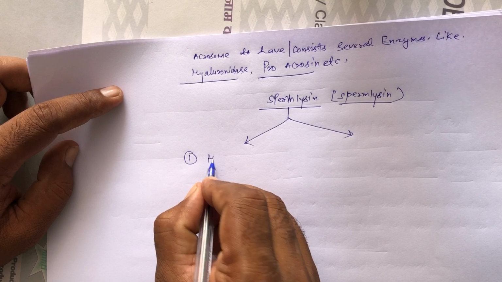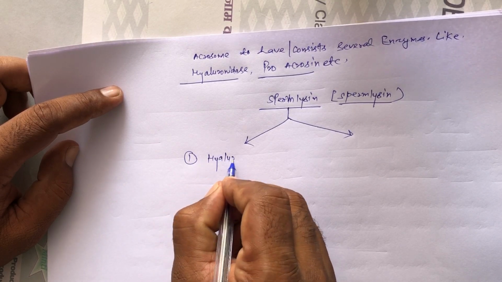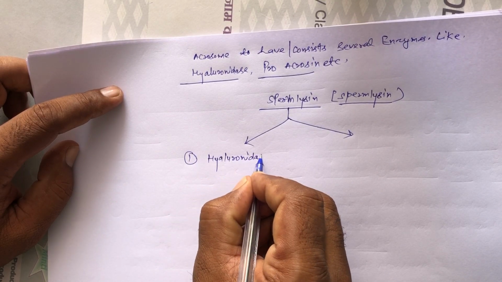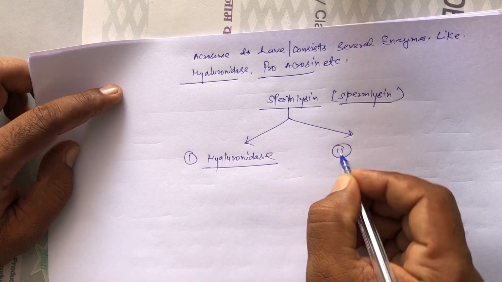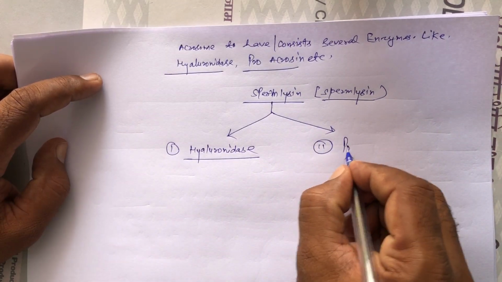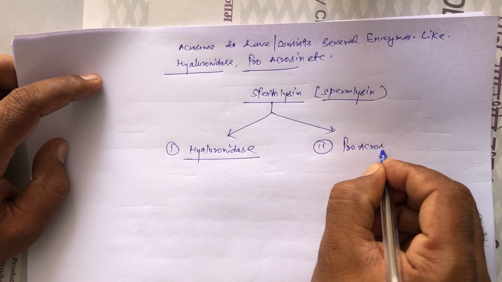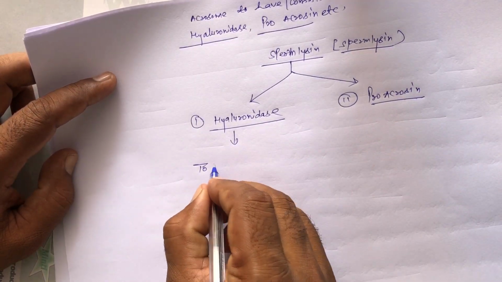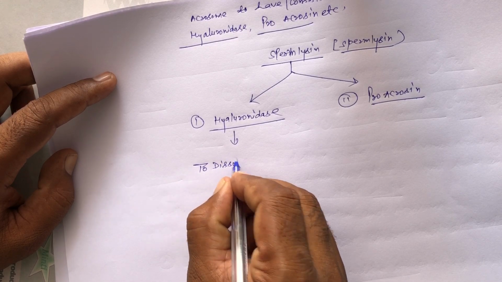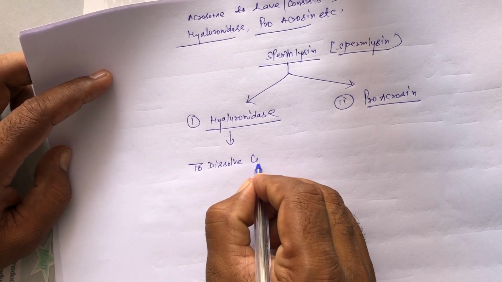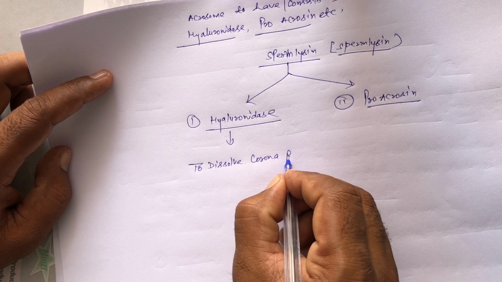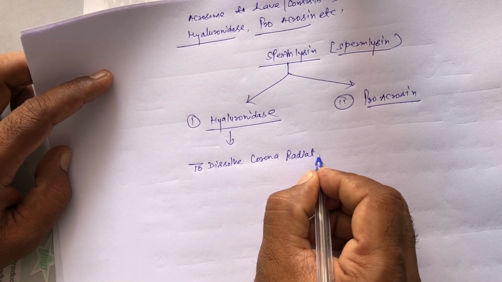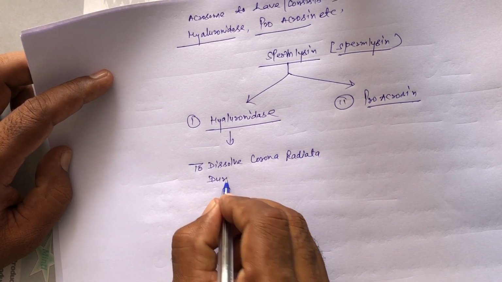First is hyaluronidase. Second is proacrosin. Hyaluronidase dissolves the corona radiata during fertilization.